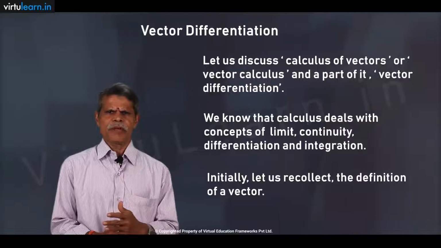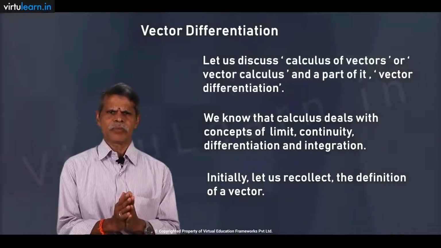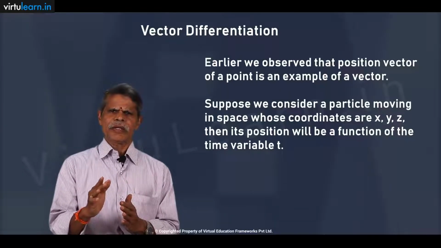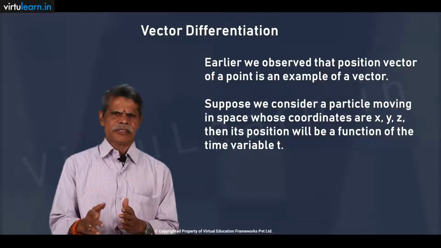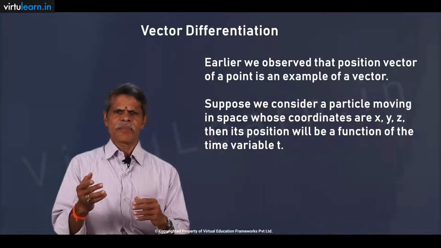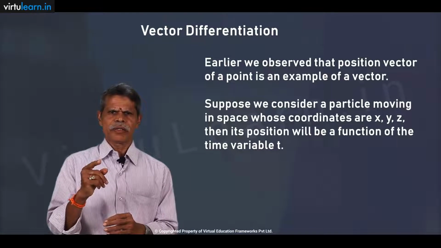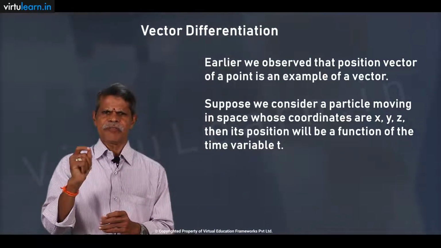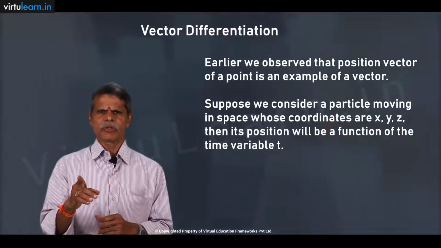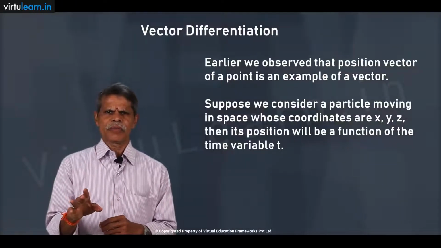Earlier we have seen that the position vector of a particle is a vector quantity. Let us now think of a particle moving in space. Its position vector will be a function of the time variable. Because the particle is moving, it will be at different positions at different instants of time.